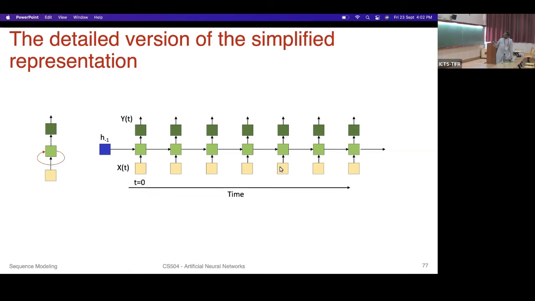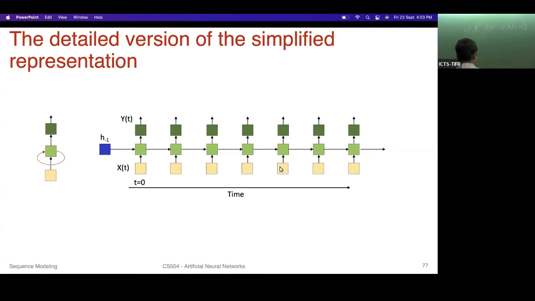You have the hidden state from the previous time step, which is h of t equal to 0. So at t equal to 1, the hidden state h of 1 is a function of x at t equals 1 and h at t equal to 0. Right? And this proceeds as you go across time.